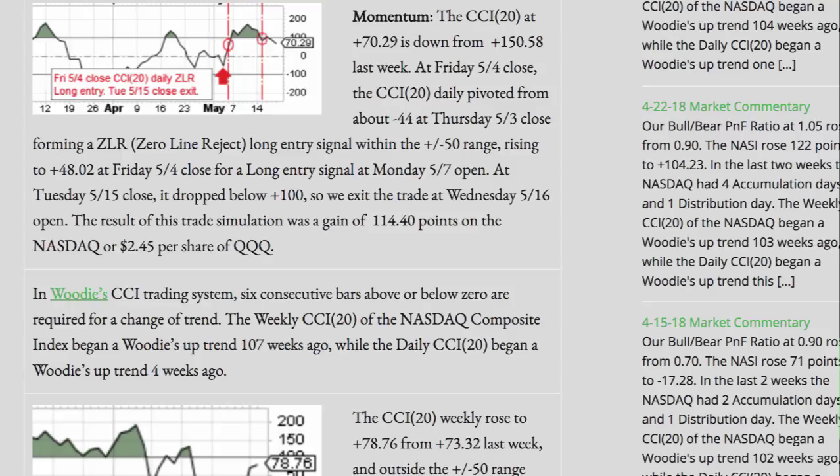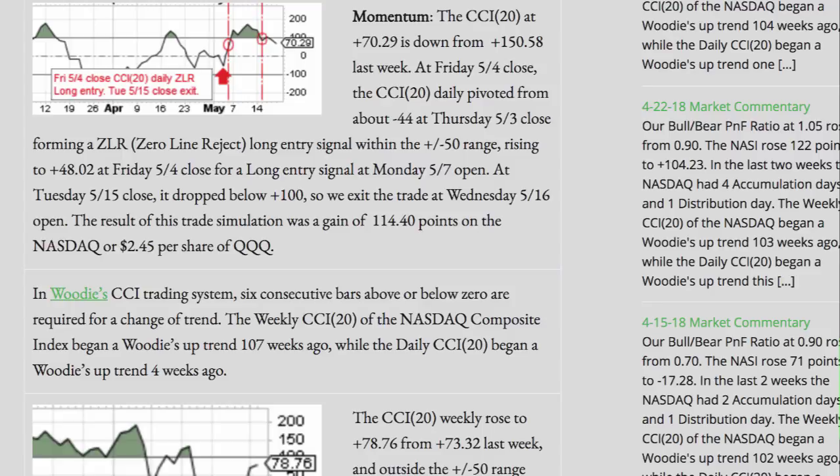At Tuesday 5-15 close, it dropped below plus 100, so we exit the trade at Wednesday 5-16 open. The result of this trade simulation was a gain of 114.40 points on the Nasdaq, or $2.45 per share of QQQ.